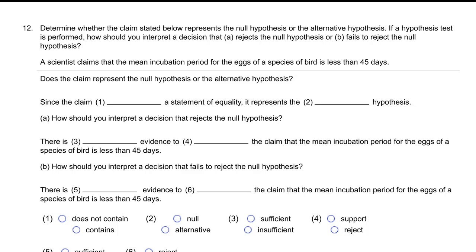A scientist claims the mean incubation period for eggs of a species of bird is less than 45 days. First we'll just take what it said and translate it.